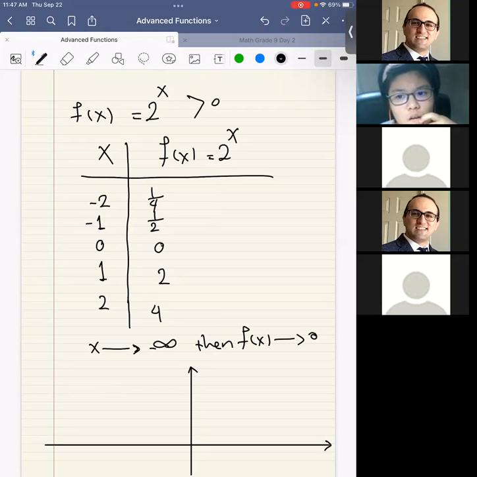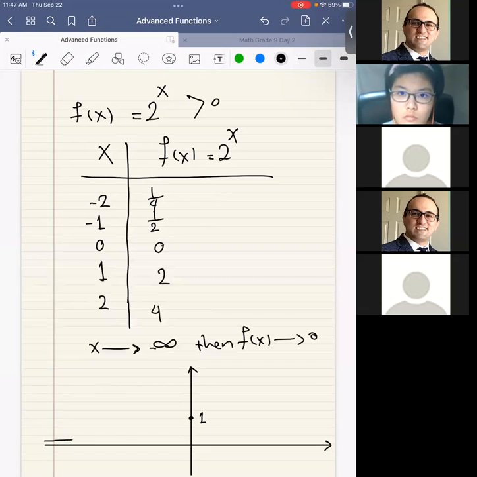But what we know, and it is important to know, is that this guy is always positive. 2 to the power x, 3 to the power x, e to the power x, these are all positive functions. They are always positive. And the value of this at 0 is 1. So the y-intercept would be 1. And we saw that when x approaches negative infinity, then f of x approaches 0.